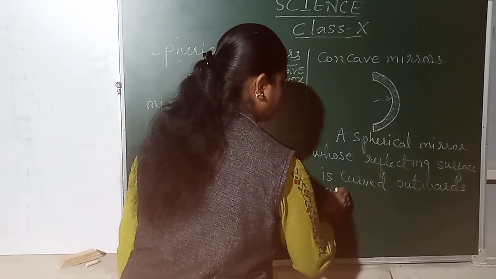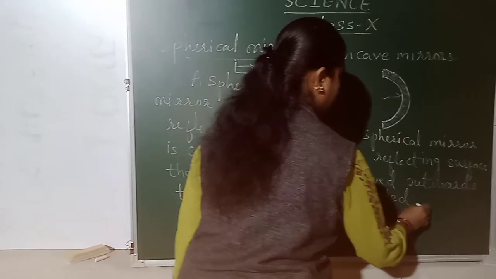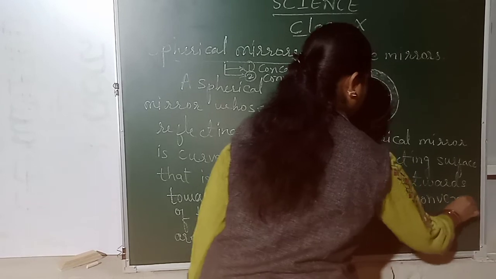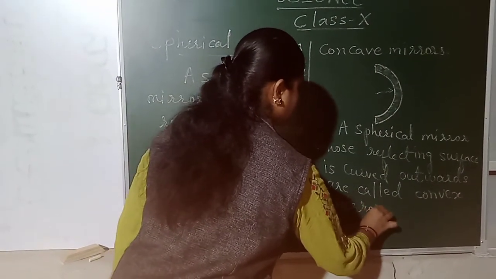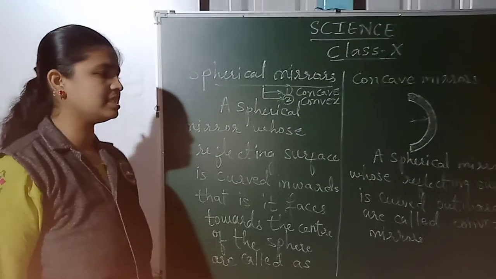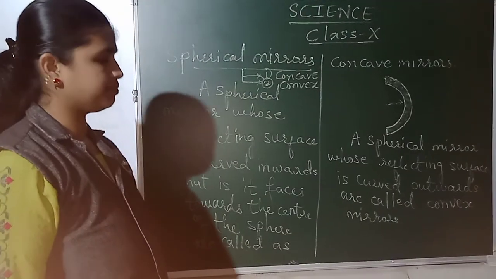Such mirrors are called convex mirrors. A spherical mirror whose reflecting surface is curved outwards.